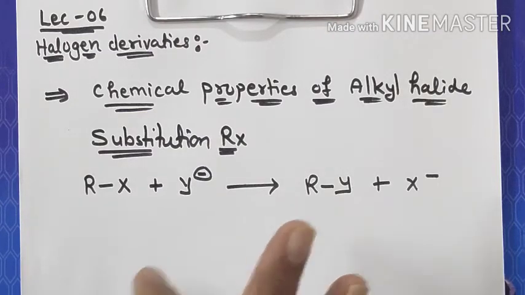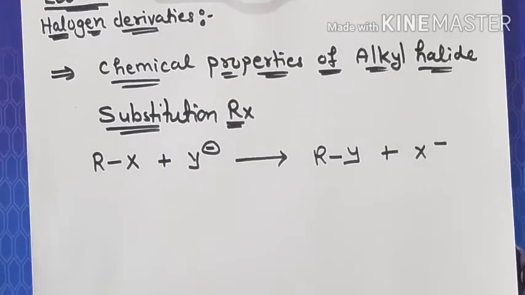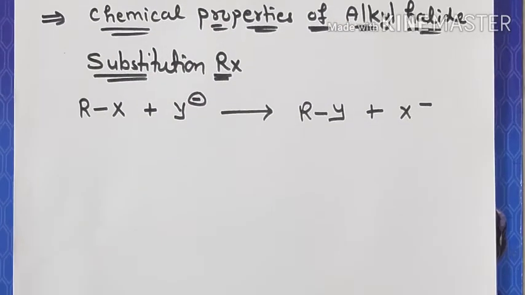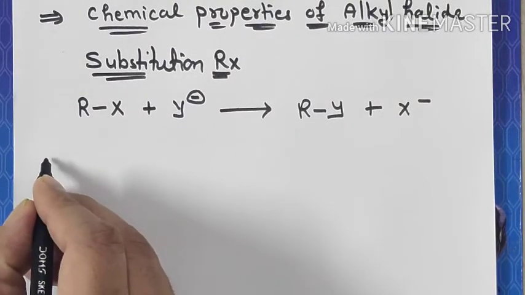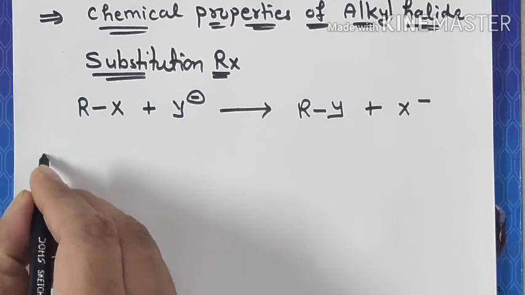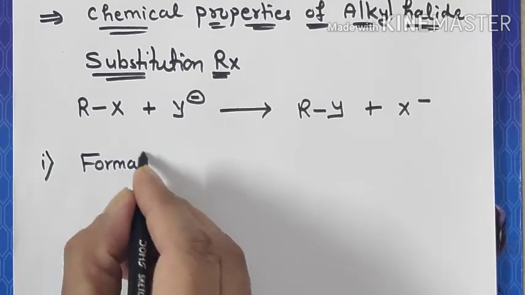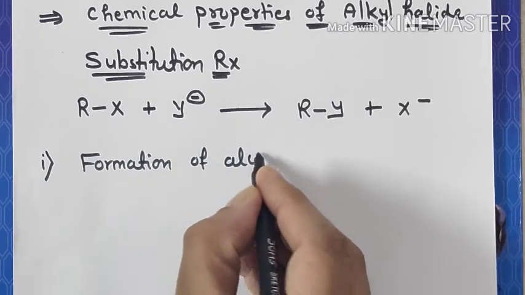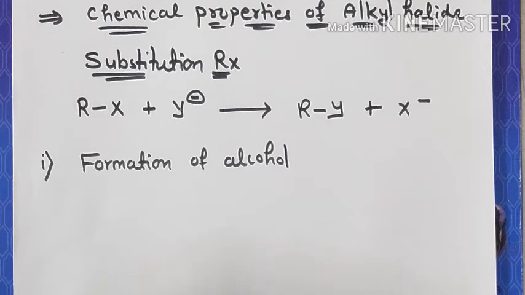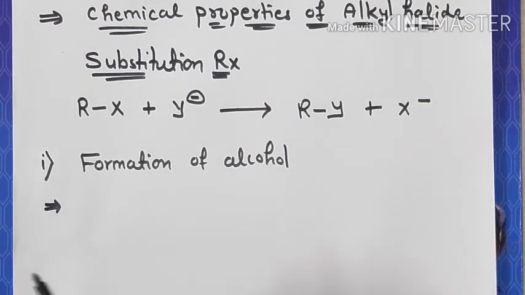Understood students? Simple. Now we'll be studying a few examples of nucleophilic substitution reactions. The first one is where formation of alcohol takes place. Let's see the reaction.